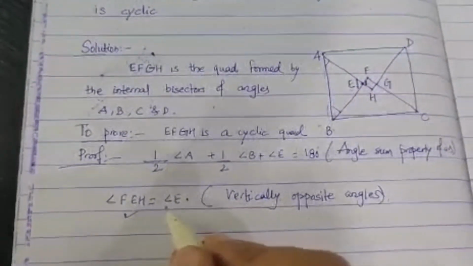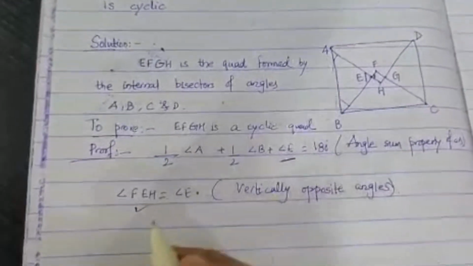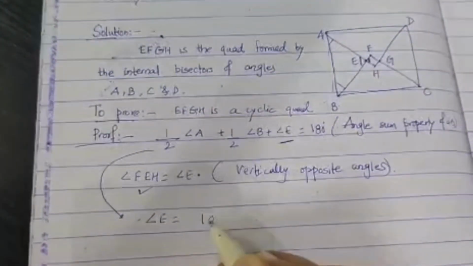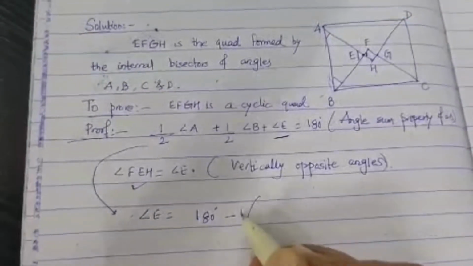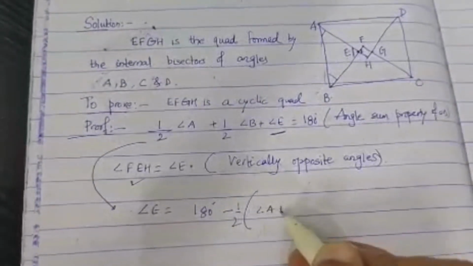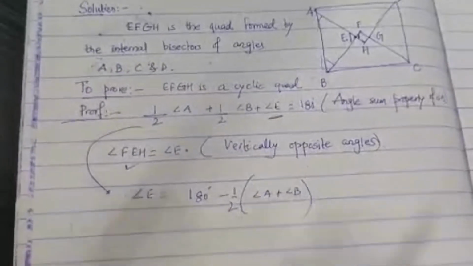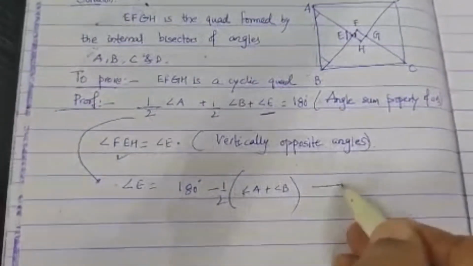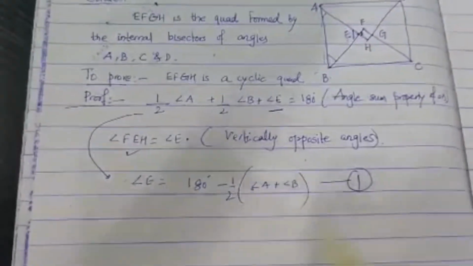Now this angle FEH equal to angle E. This angle E equal to how much? From here we can say angle E equal to 180 degree minus half of angle A plus angle B. Taking common half, angle A plus angle B. Let us take this as equation 1.